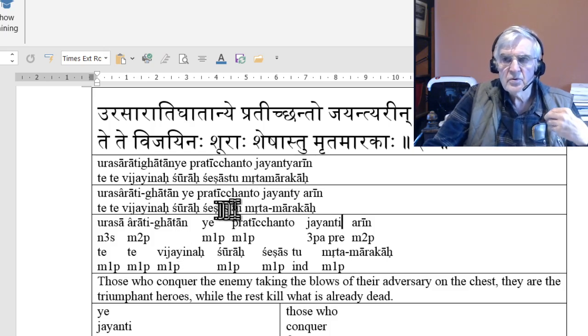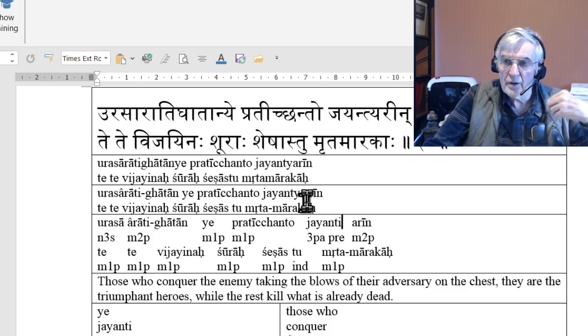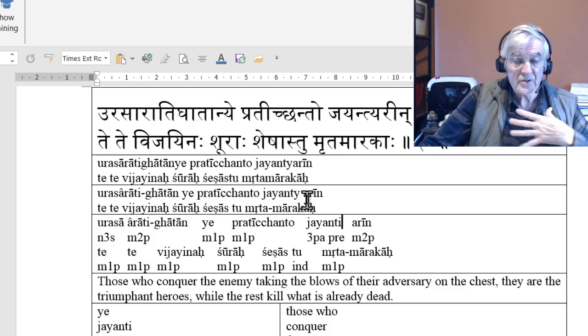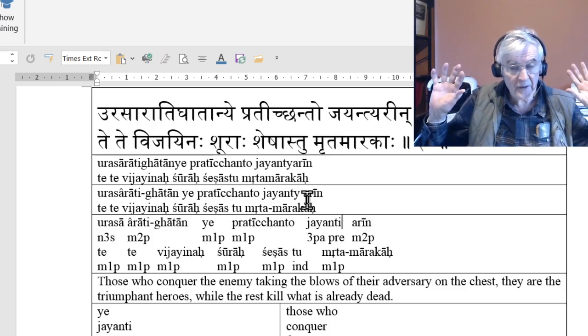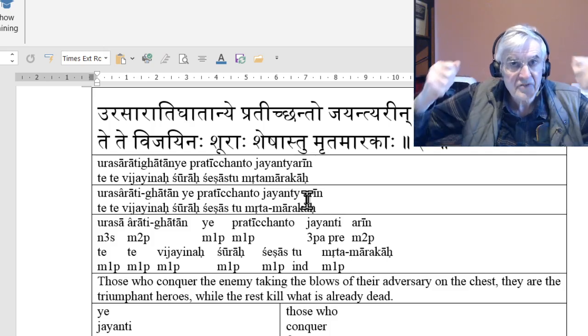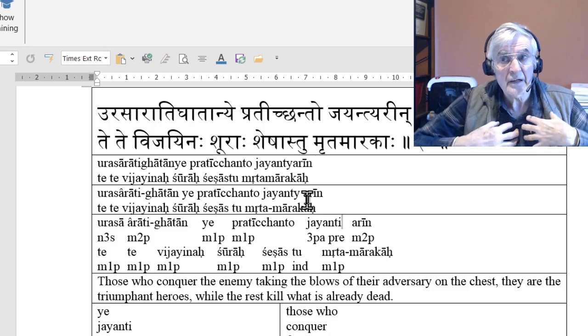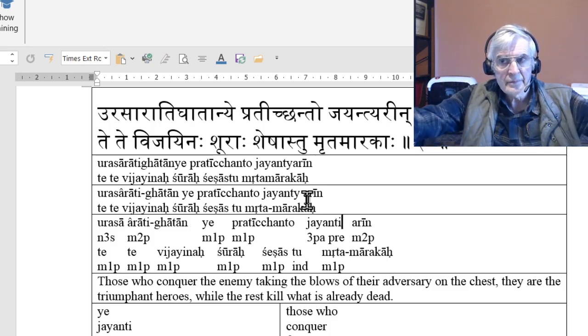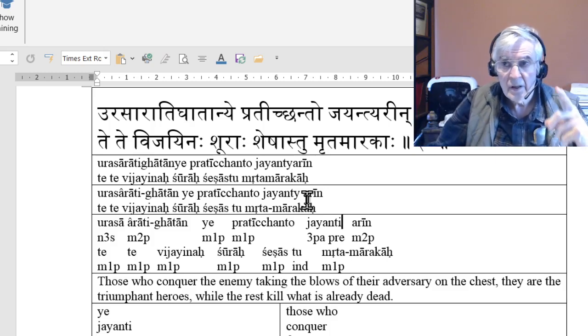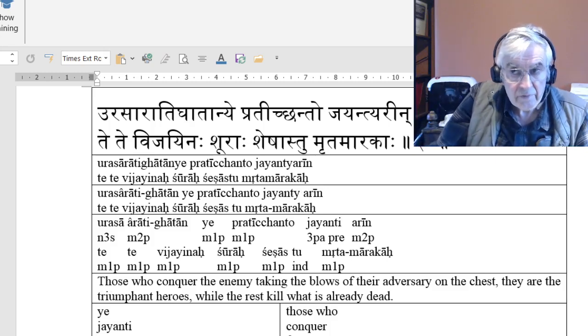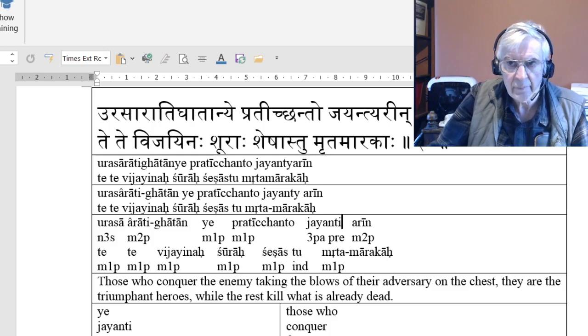So those who receive the blows of the foe upon their chest, in other words, they aren't turning their backs or running away, they are facing into battle. The pratichati is the idea of receiving, willingly receiving the enemy's blows upon their chest. Jayantyarin, they're the ones who defeat the enemy.